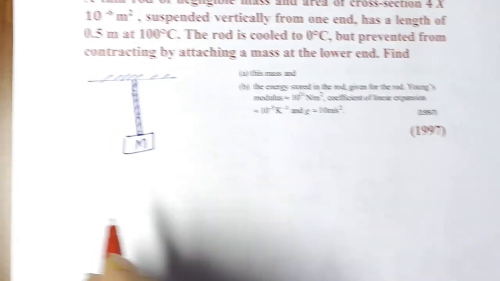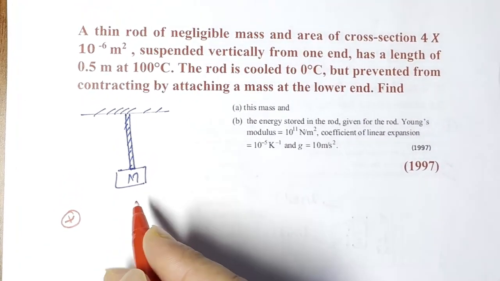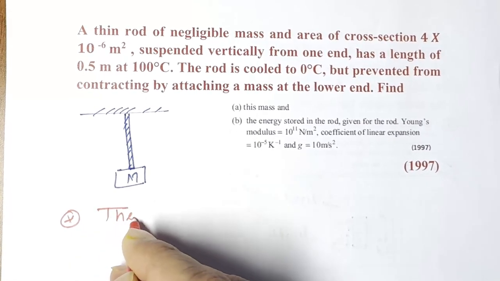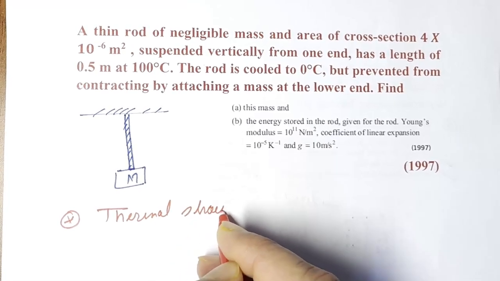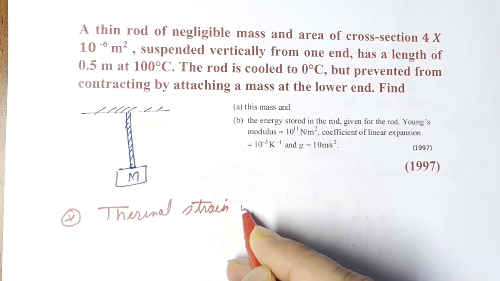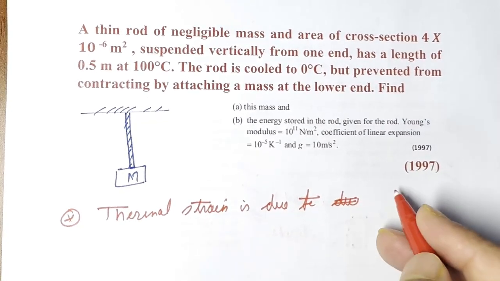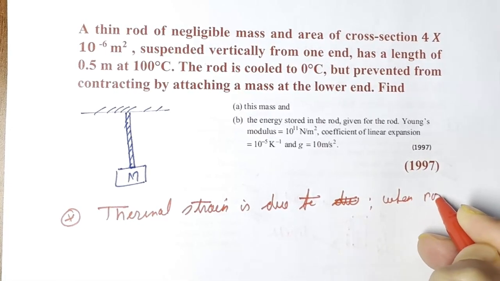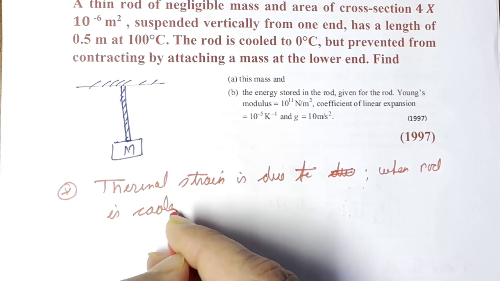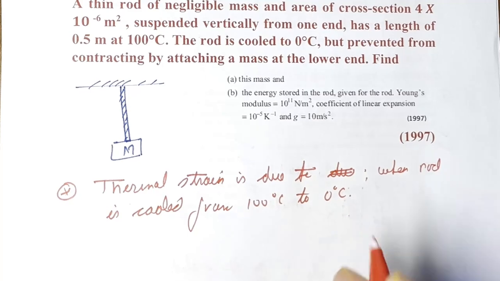So we can say, thermal strain is prevented due to contraction when the rod is cooled from 100 degrees centigrade to 0 degrees centigrade.